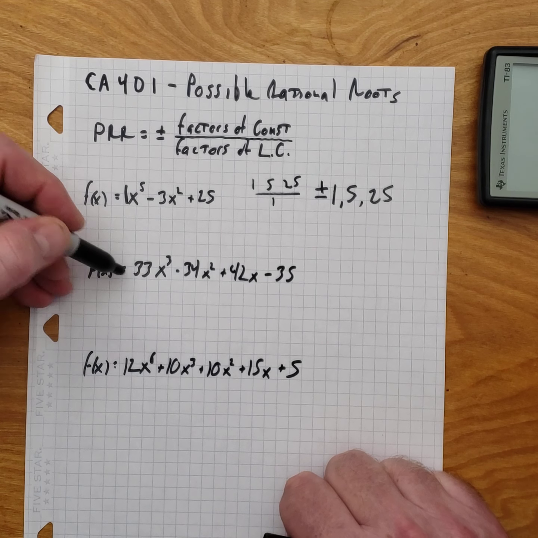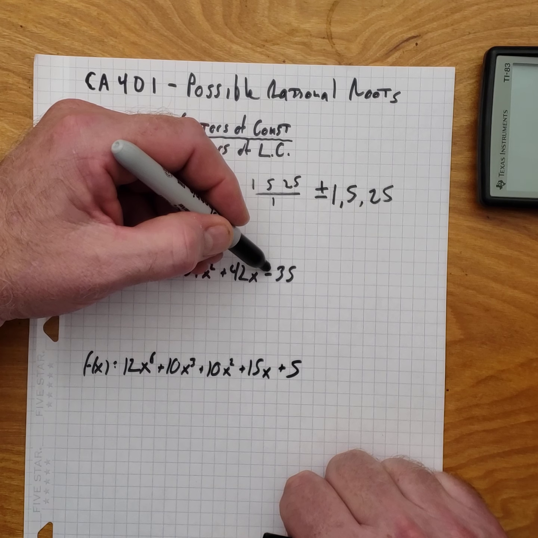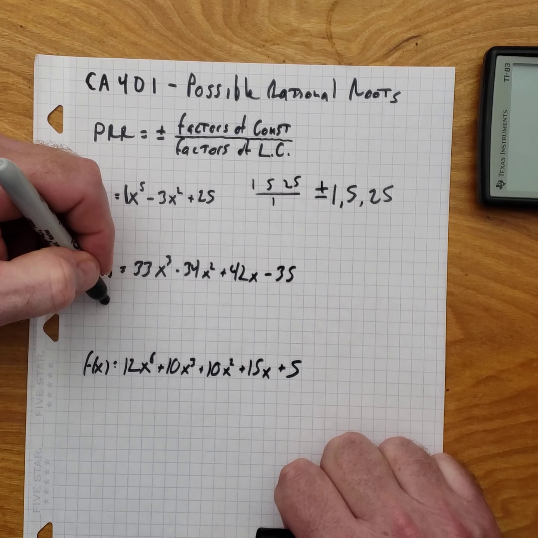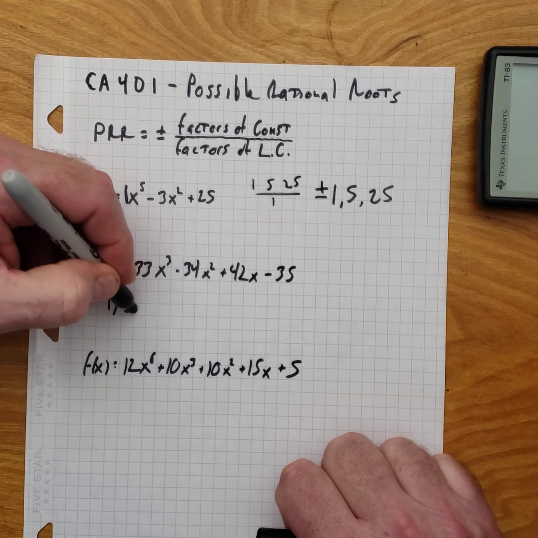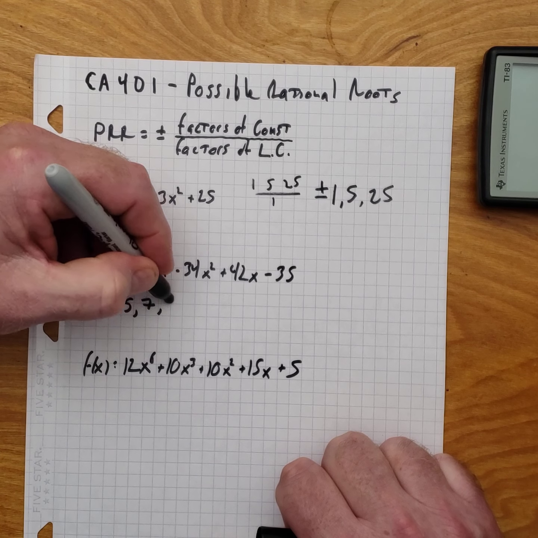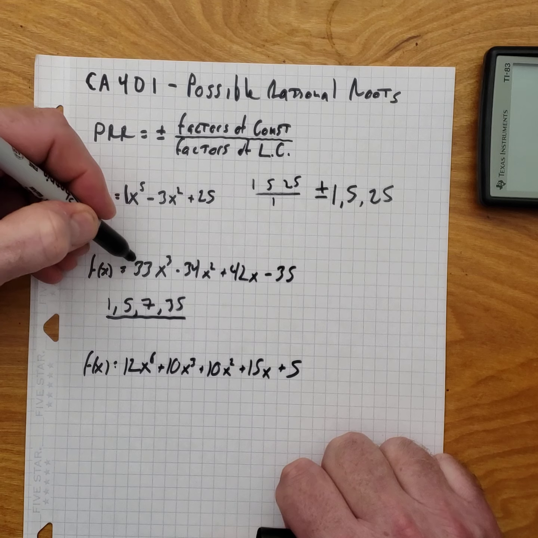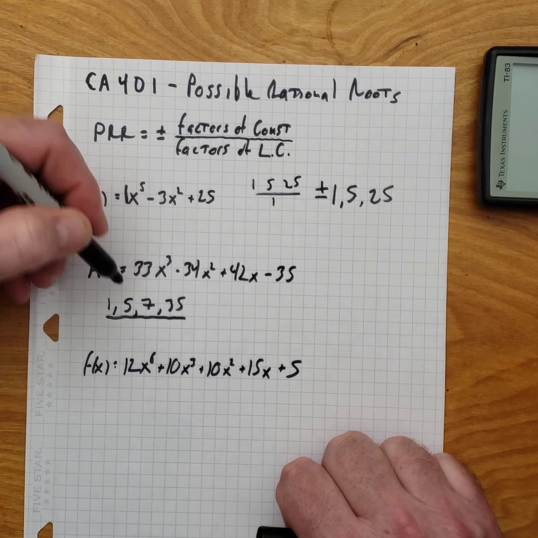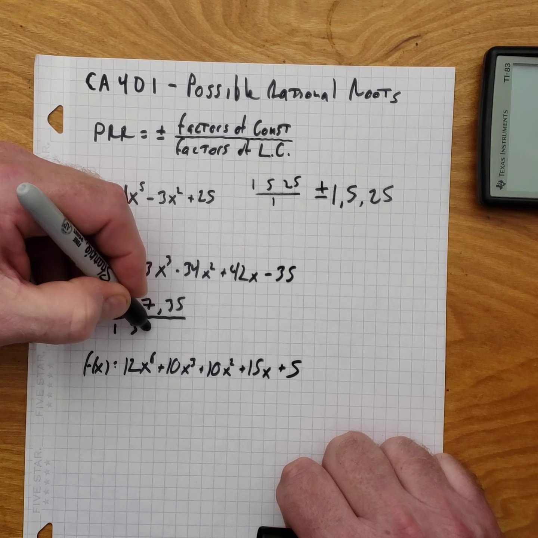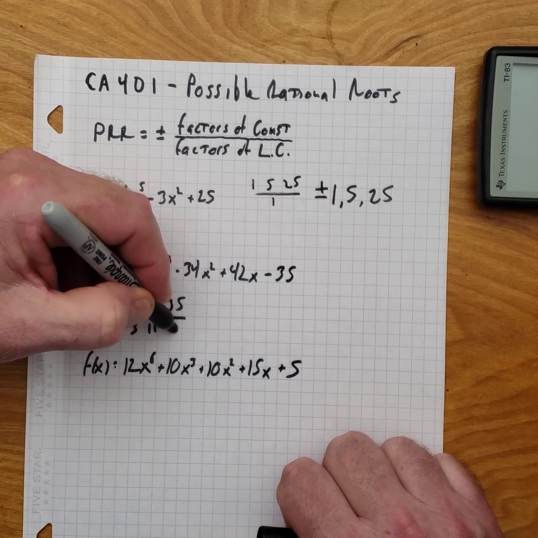Let's try that here. Our constant term is -35, and that has factors 1, 5, 7, and 35. And our leading coefficient is 33, which has factors 1, 3, 11, and 33.